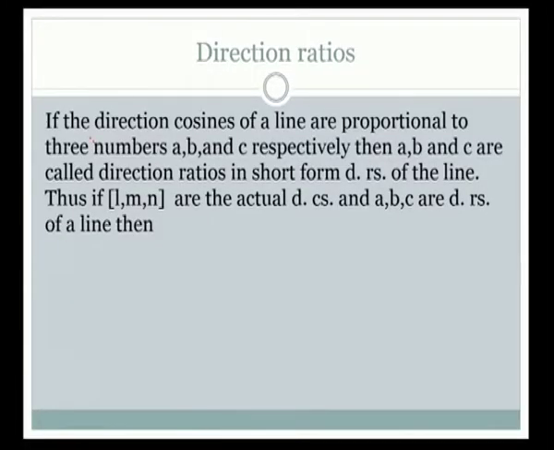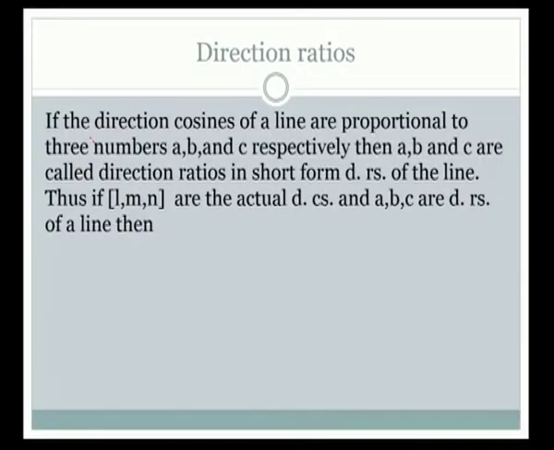The next concept is direction ratios. So far you learnt the concept of direction cosines. Direction cosine is the cos of the angle made by the line with the x, y and z axis. Here the direction ratios are mere numbers.